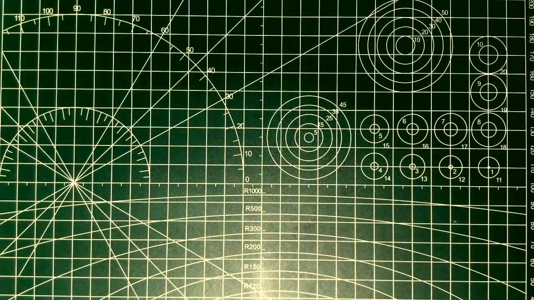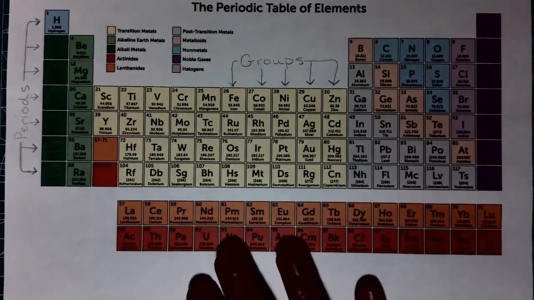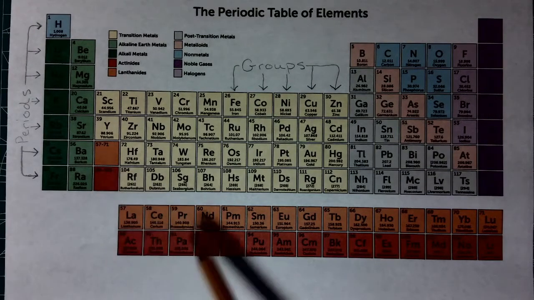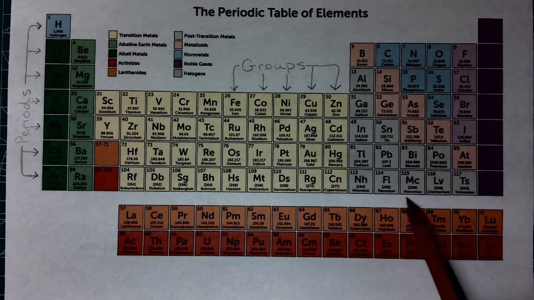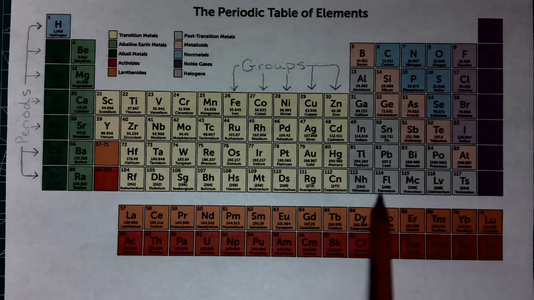So if we fast forward a little bit to our modern periodic table, this is what it looks like now. And we're very, very close to actually filling this out. We've only added elements down in this region right here in the last few decades.